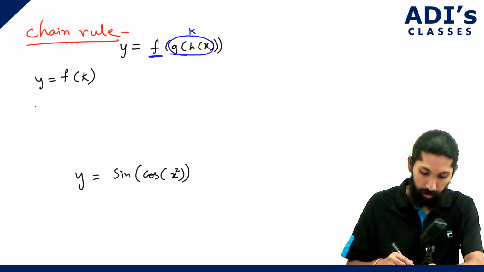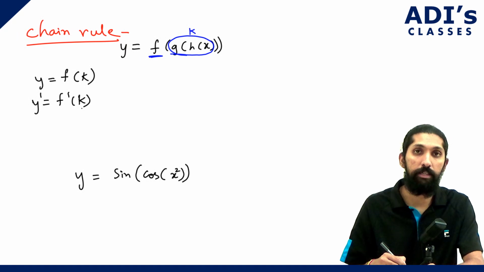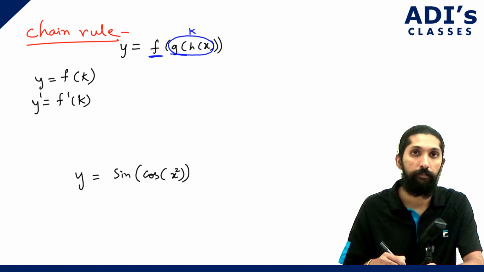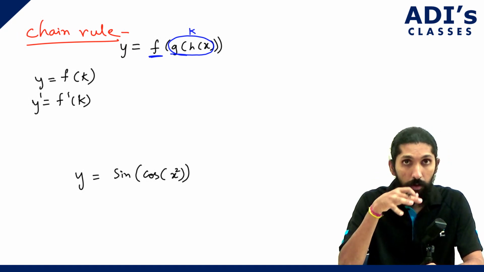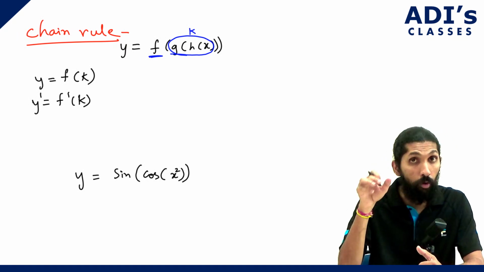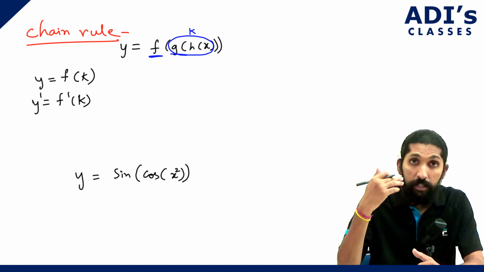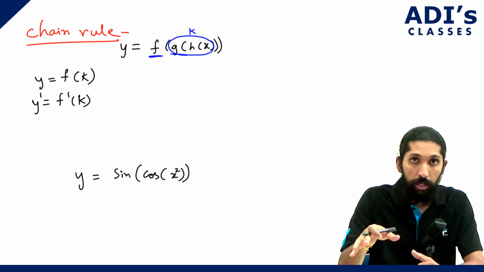So now what do we do? When you differentiate, we can write f dash of k, correct? Into, because k is a composite function, isn't it? When k itself is a composite function, we can't just leave it as it is. We also have to differentiate that one. Make sense? This is basically chain rule. So chain rule is what?